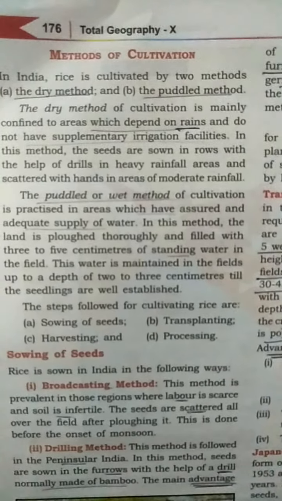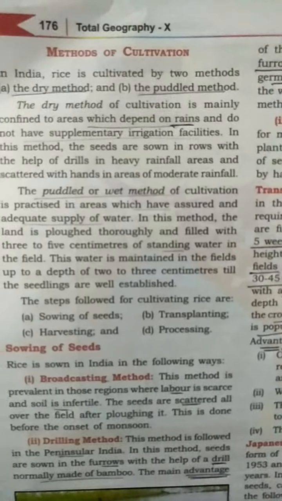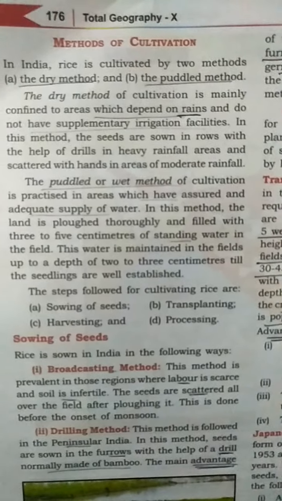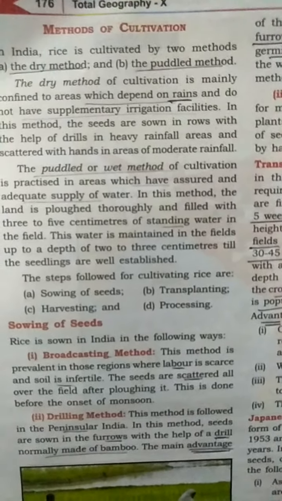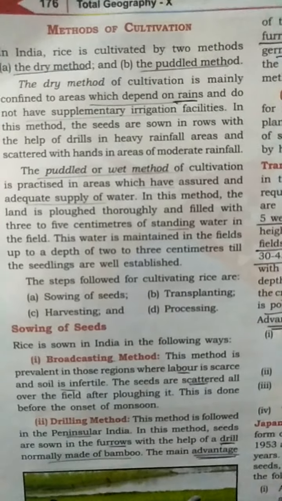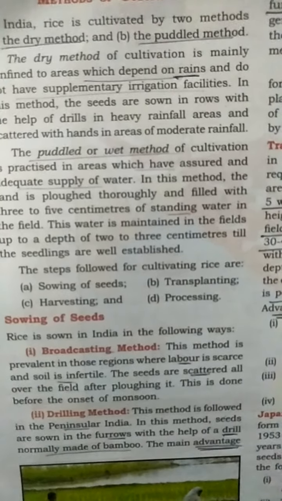The dry method is mainly confined to the areas which depend upon rain, where irrigation facilities are not much developed, and the puddled or wet method in those areas which have an assured adequate supply of water. Standing water is required in this method.